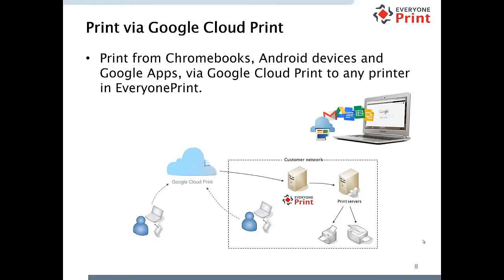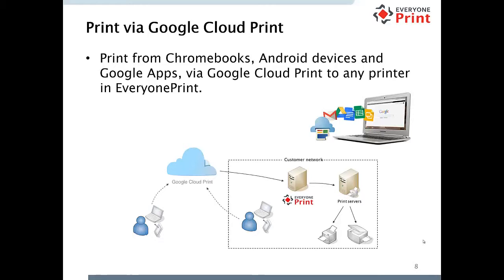Basically this makes it possible for a user, typically a home user, a consumer, to take their Android device, or use one of the Google apps, and print directly from those apps to a typical home printer that's Google Cloud Print enabled, without any driver installation, without doing anything sophisticated. It's simply a matter of clicking print from within the application they use, and it comes out on the printer.